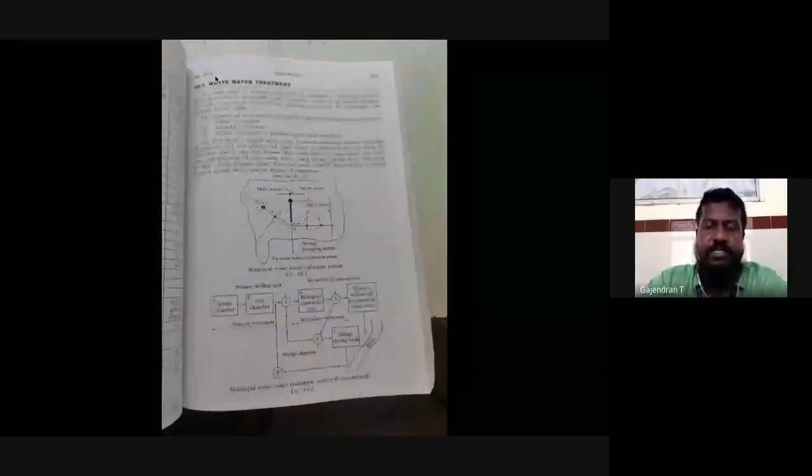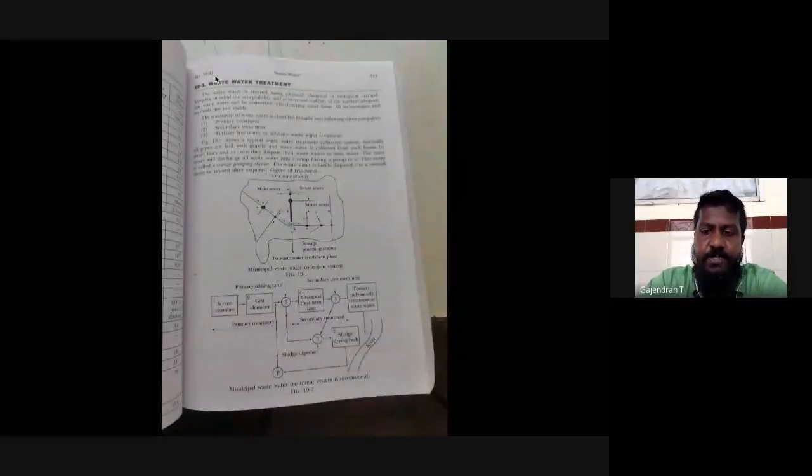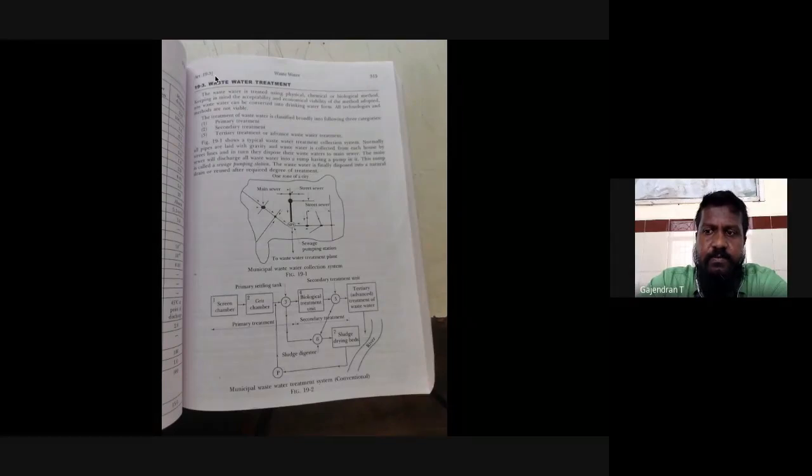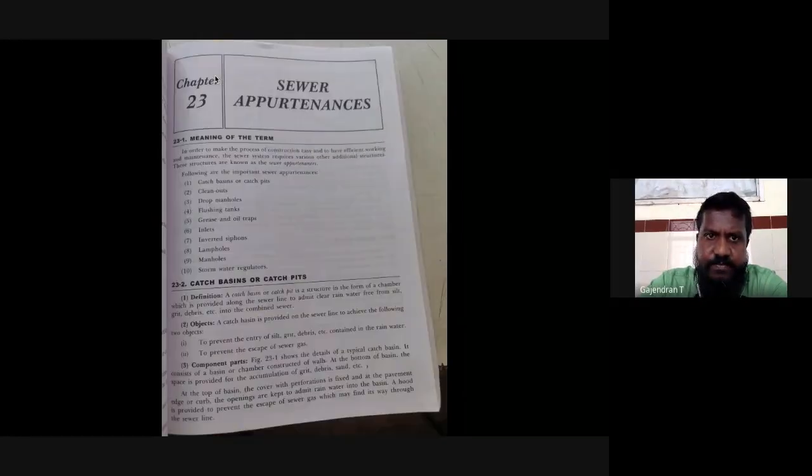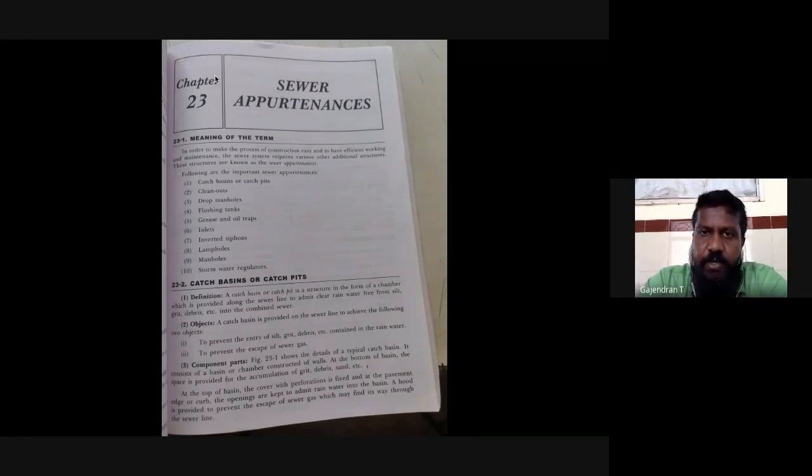The images which I sent you, you guys got what is the site consideration and the design aspects of a sewer? Yes, sir. What I've shared in the group. Yes, okay. Because I'm not able to find out where it is here.